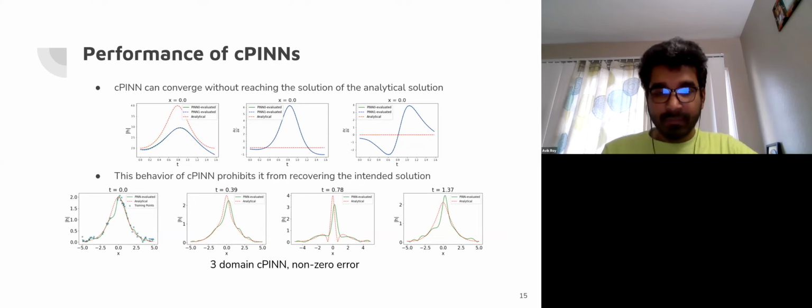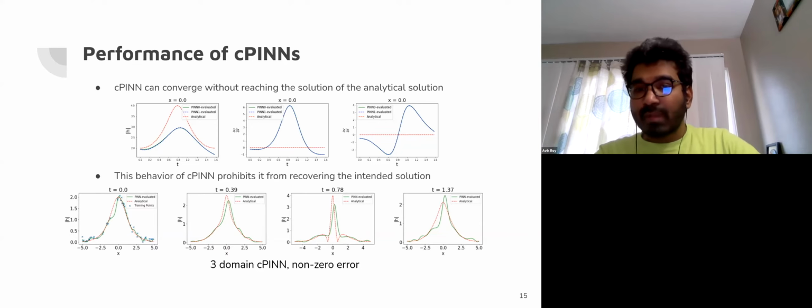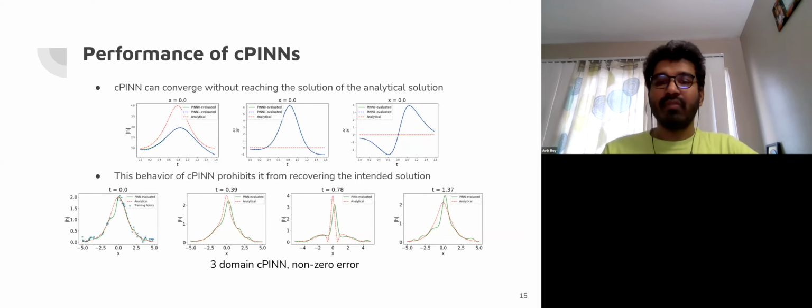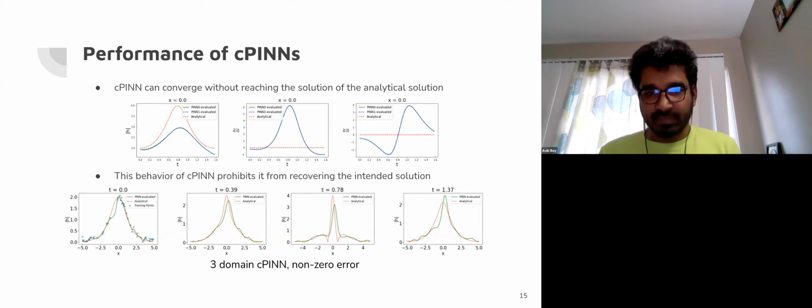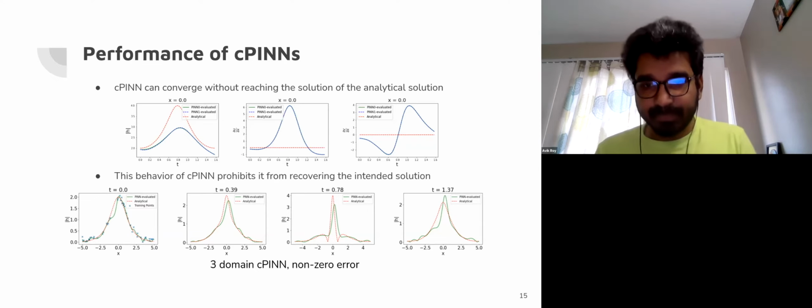But altogether, they're very different from the analytical solution, and that is exactly a classic case where you have some local minima created by the insertion of this additional regularizer in the loss function, and your solution converges there. But ultimately, it fails to recover the intended solution.